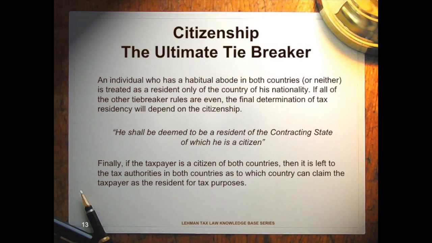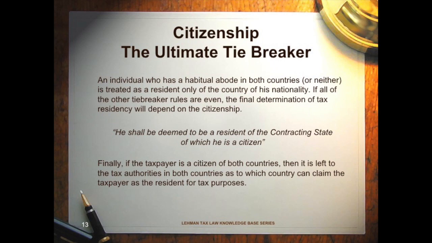So if you have a tie on everything, the third item you get to is if you spent 100 days in America and you spent 90 days in Turkey, and that's where you're from, and you spent the rest of your time traveling in different places all around the world, then the tiebreaker is going to be you now are a U.S. taxpayer because this is where you spent the most days.